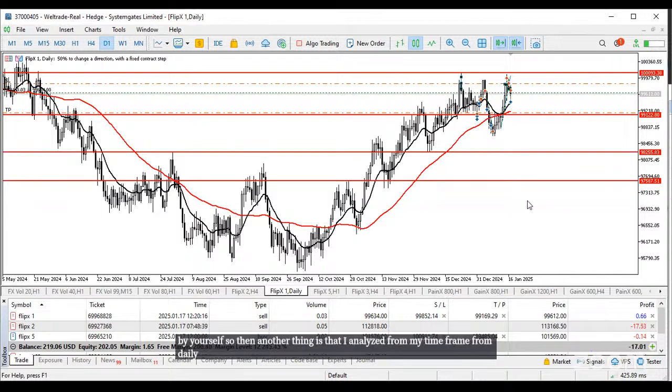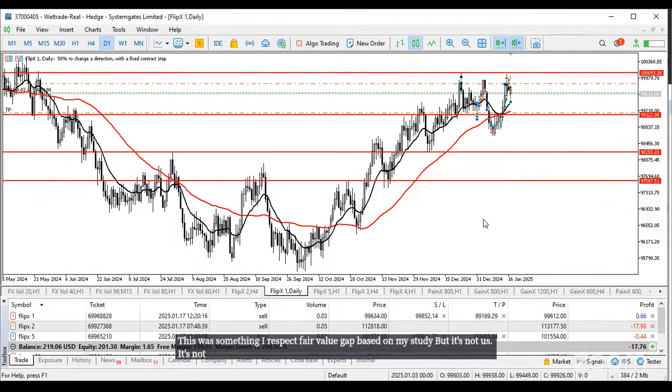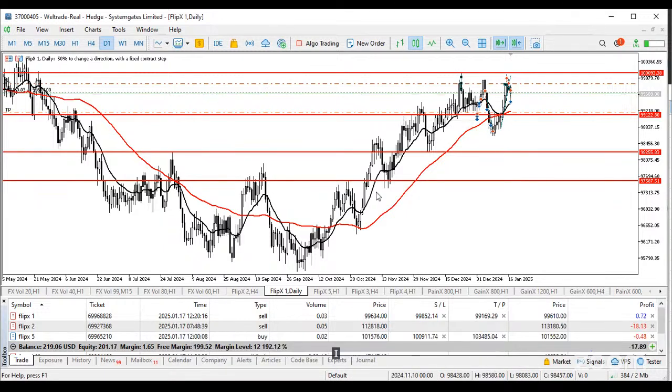On the daily time frame, I mark out all my support and resistance. Now, the movement of synthetics is not like currency. Break of structure sometimes works, but it's not as obvious as in currency. It sometimes respects fair value gaps based on my study, but not the way currency does. That's why I come to the daily time frame and mark out all my support and resistance. You can see them.